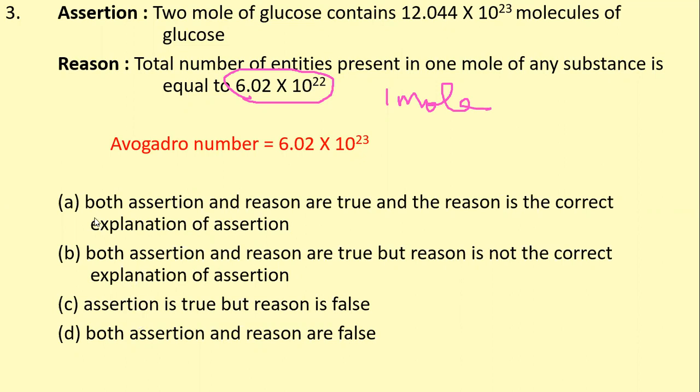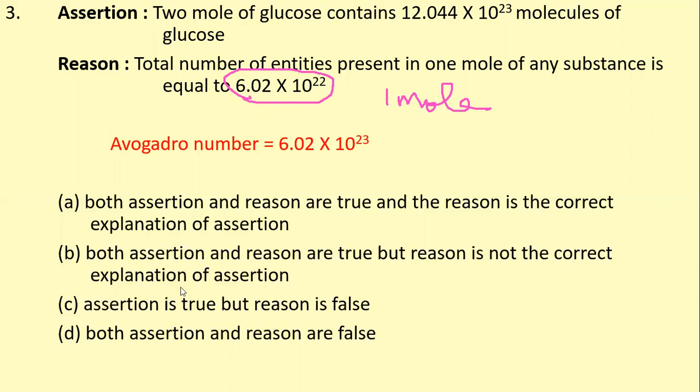The first one is both assertion and reason are true and the reason is the correct explanation of assertion. No, this is not the right answer, because the assertion is right, but the reason, that is the number given for a mole, is wrong. It's not matching with the Avogadro number.